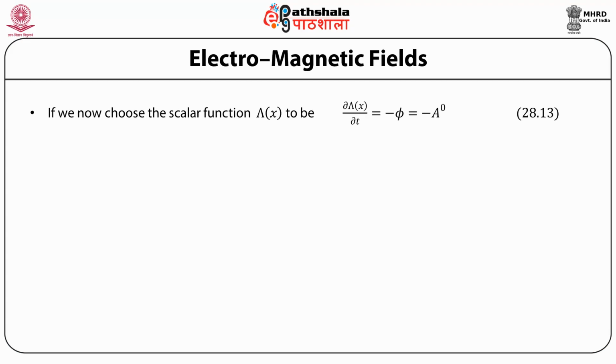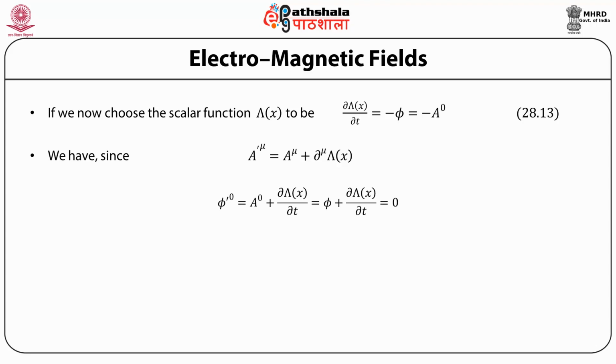If we now choose the scalar function λ(x) such that ∂λ(x)/∂t equals −φ, which is equal to −A_0, since A'_μ is equal to A_μ + ∂_μ λ(x), we have φ' = A_0 + ∂λ(x)/∂t = φ + ∂λ(x)/∂t = 0.